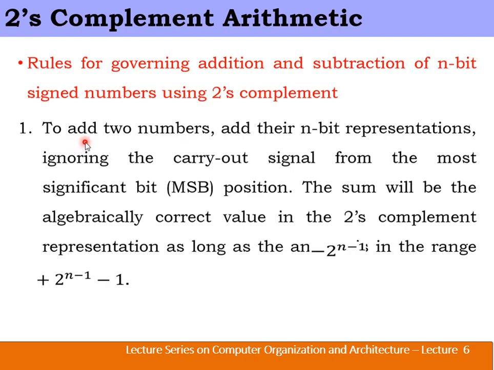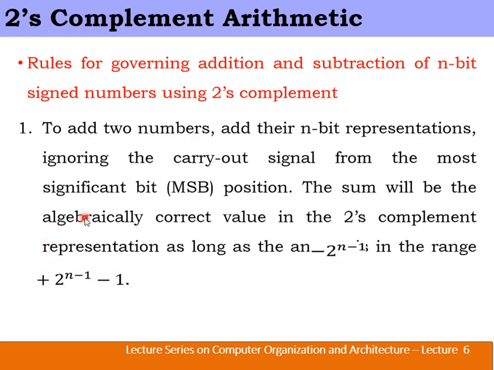In order to add two numbers, add their n-bit representation, ignoring the carry-out signal from the MSB position. The sum will be the algebraically correct value in the 2's complement representation as long as it is in the range minus 2 raised to n minus 1 till plus 2 raised to n minus 1 minus 1.